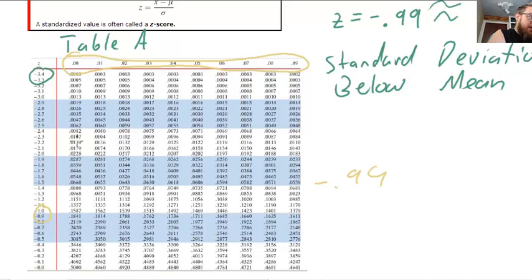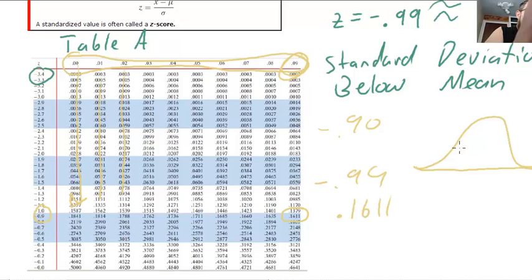This first value, if we came down, would be -0.90, this would be -0.91, -0.92, etc. So here is -0.99, and we come to this value of 0.1611. And remember that all of these proportions are values to the left. So here's our z-score of -0.99, and this area here is 0.1611. So this is the proportion.